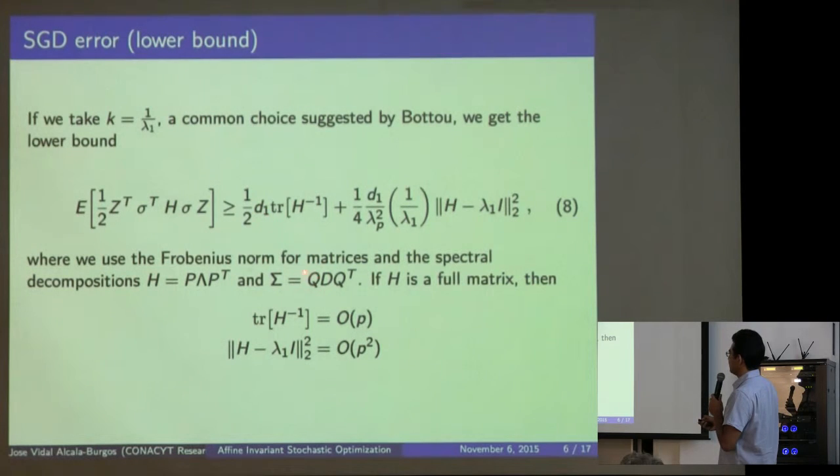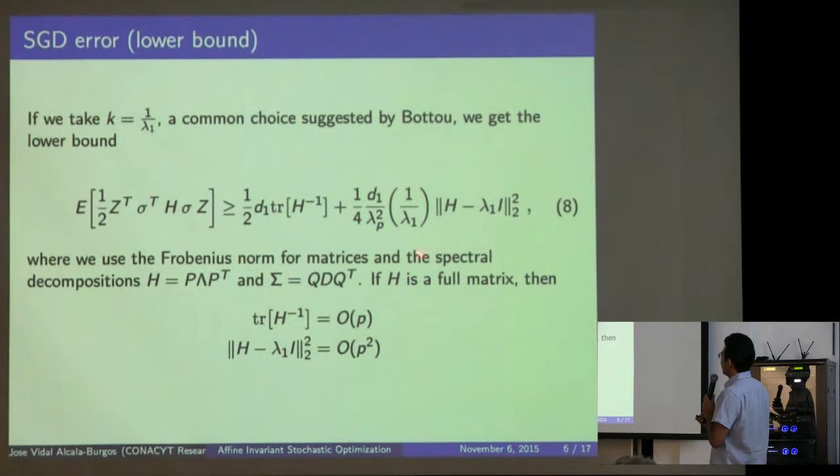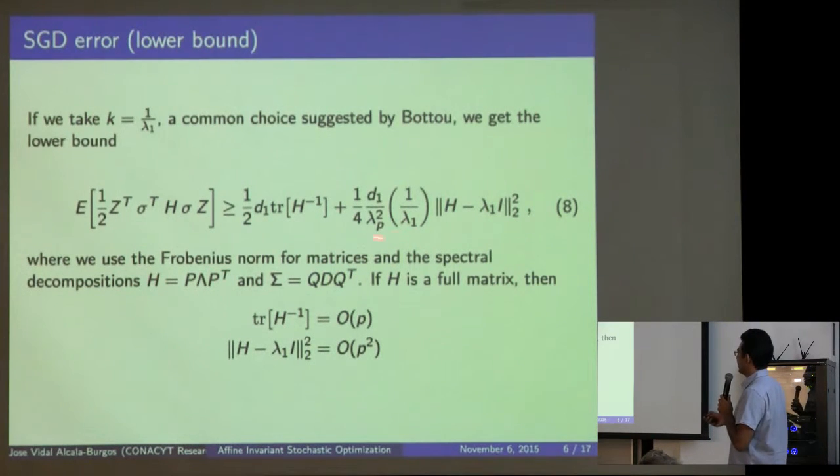So D1 is just the first eigenvalue of the covariance matrix of the gradient. Then we have the trace of H inverse. And then we have D1 again and lambda 1 and lambda p, which are the eigenvalues of H in the matrix lambda, the smallest one and the biggest one. And here we have the Frobenius norm of the difference between H and the diagonal matrix, lambda 1 times the identity.